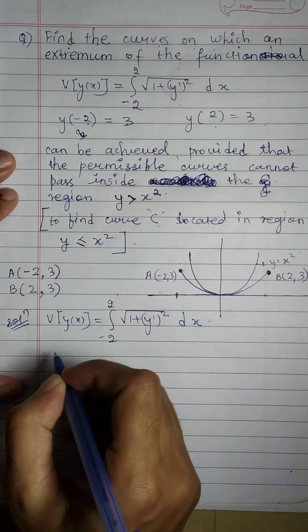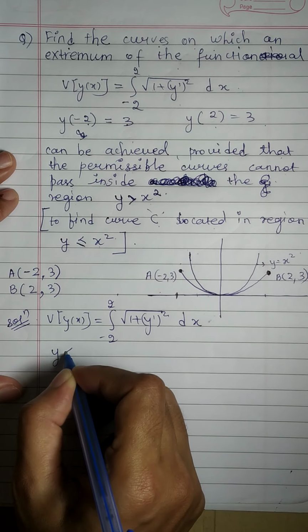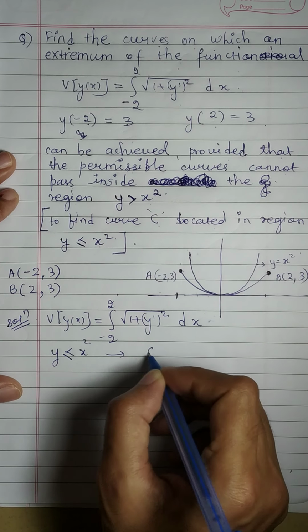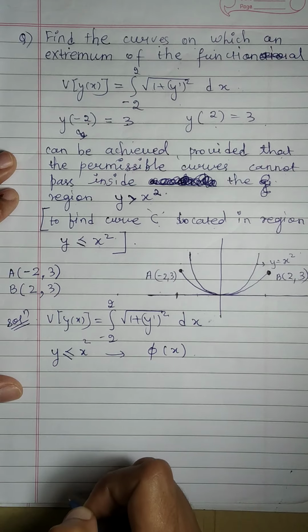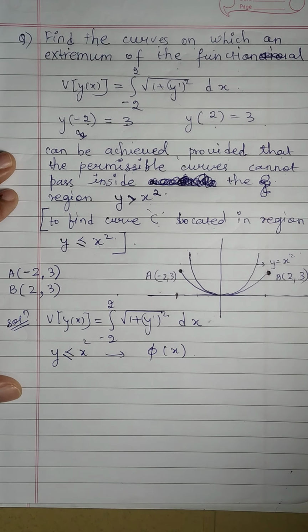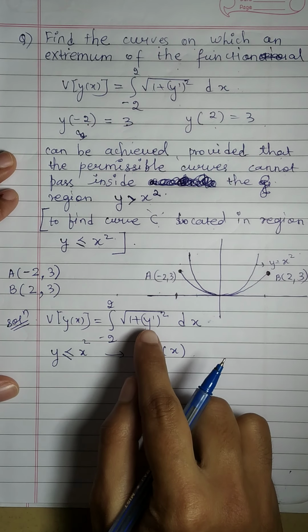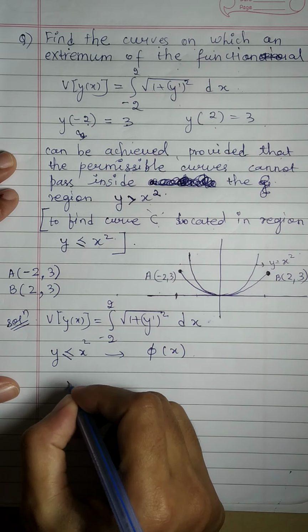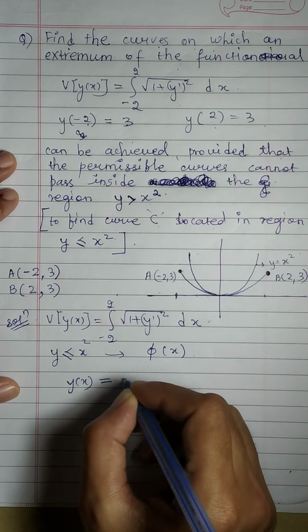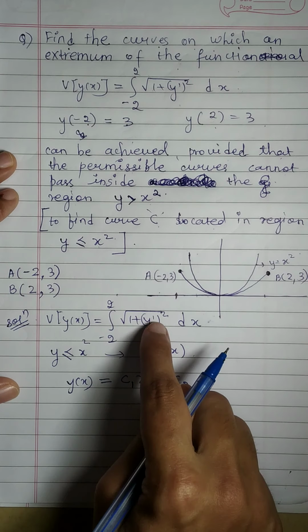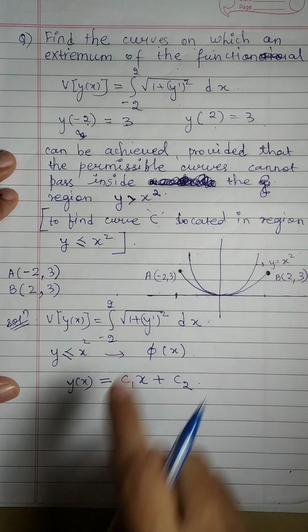In this case, we take y less than or equal to x square to be phi of x. Clearly, the extremal curves for this particular functional are given by y of x equal to c1 x plus c2.